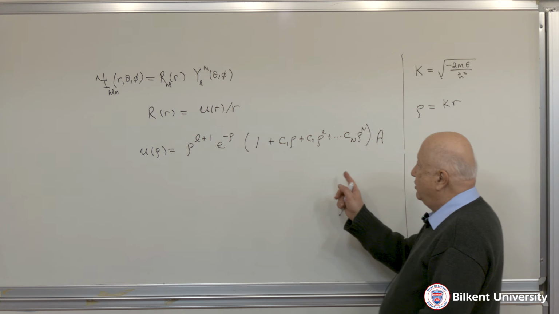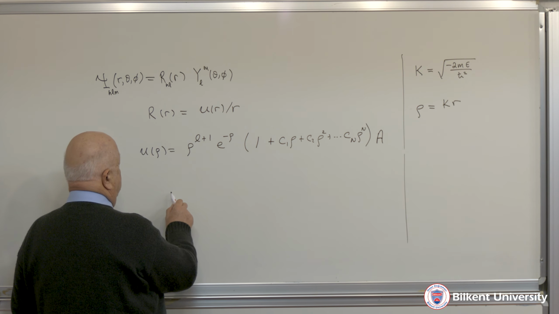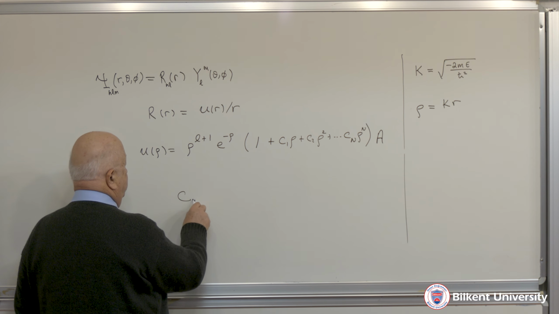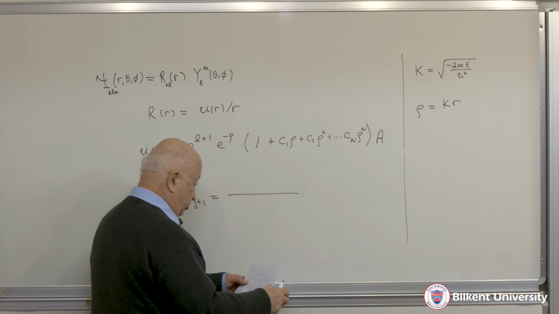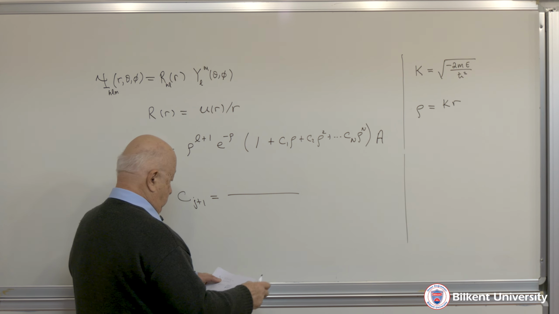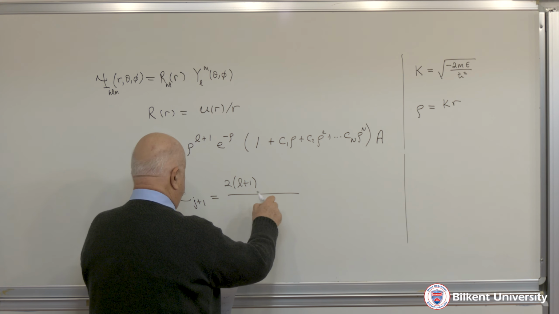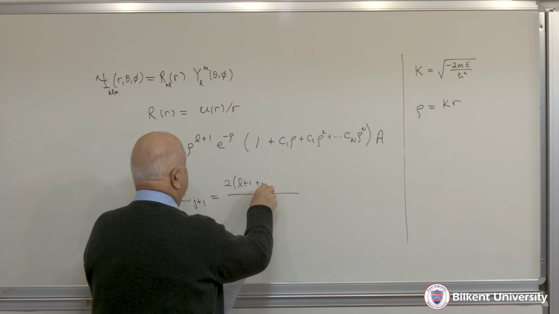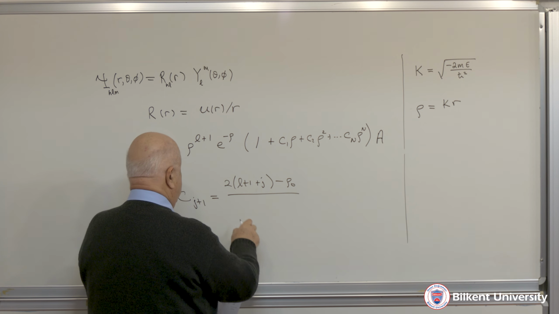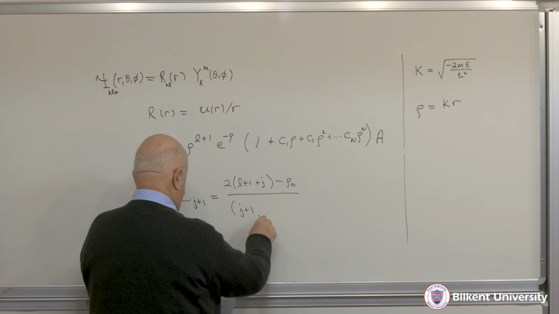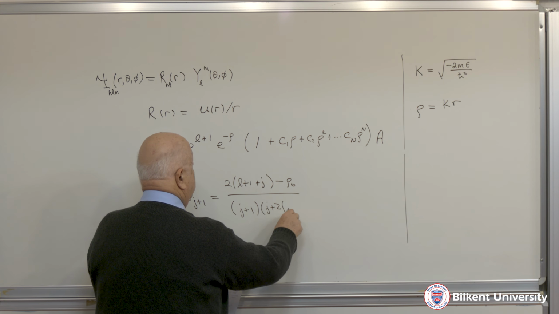And there is this recursion relation which gives us these numbers. So C_{j+1} was equal to a ratio, let me just check that, of 2(L plus 1 plus j) minus rho 0, over (j plus 1)(j plus 2L plus 2), times C_j.